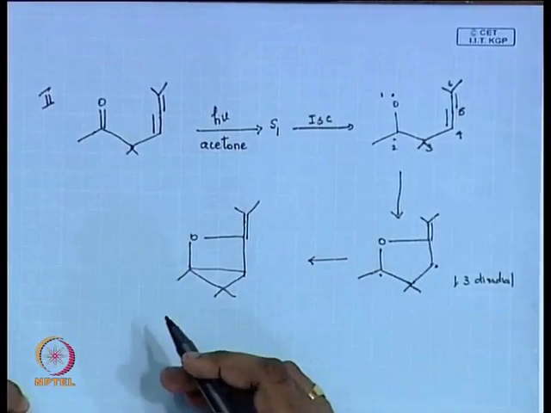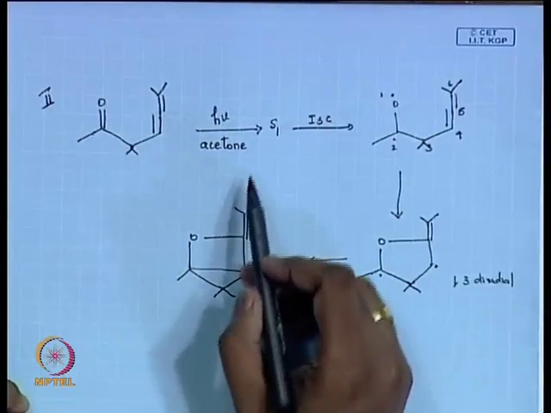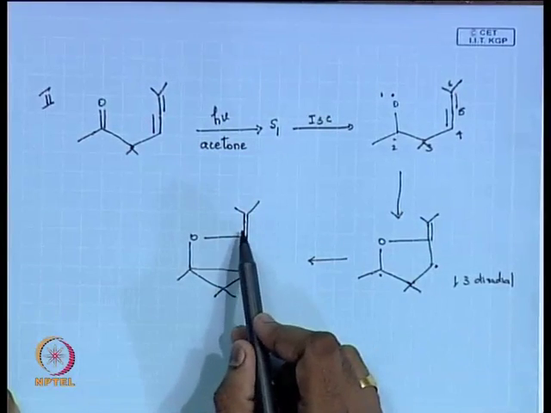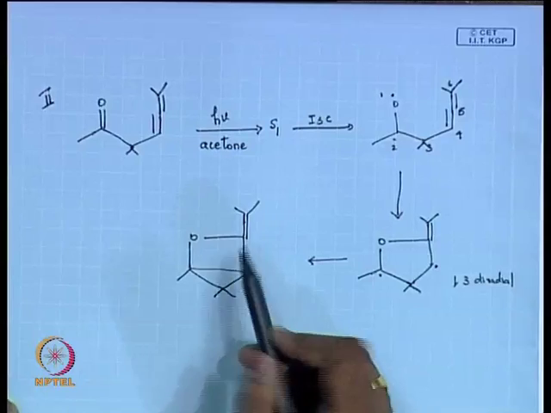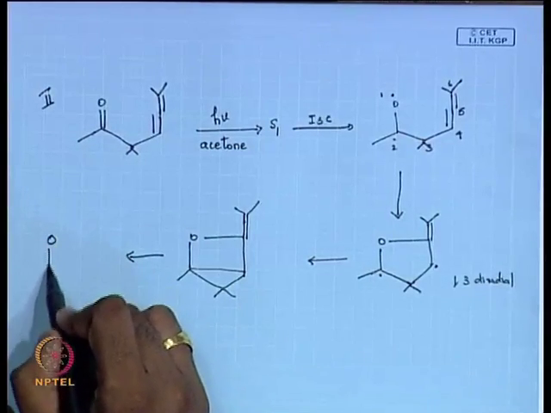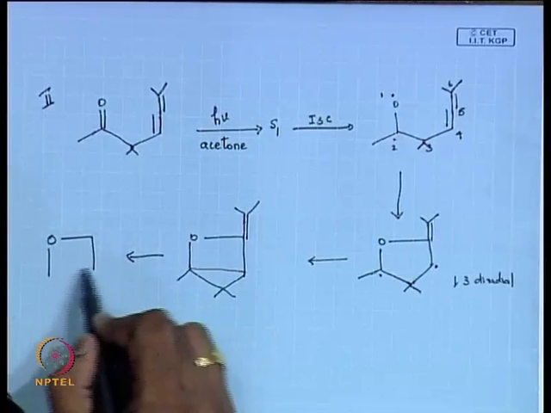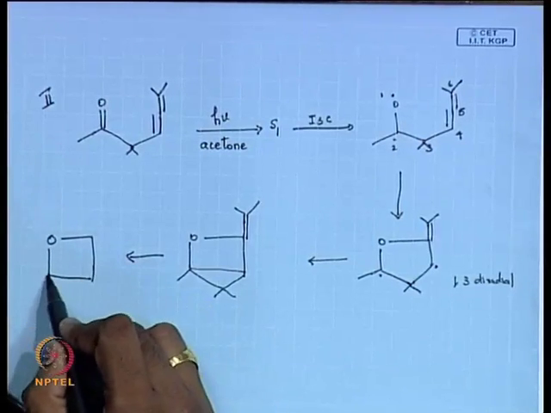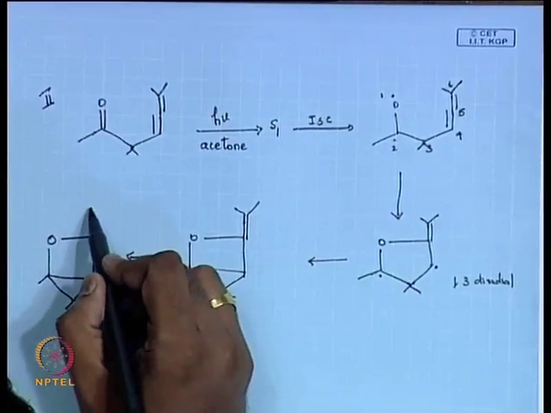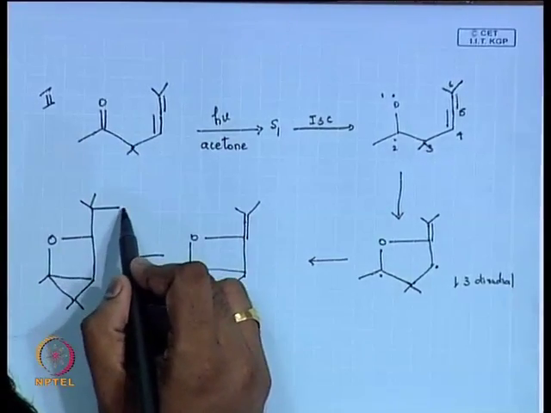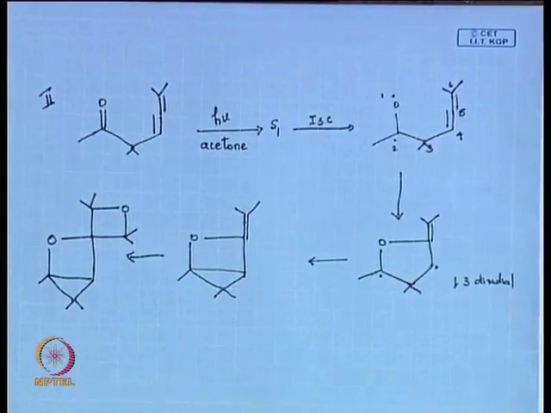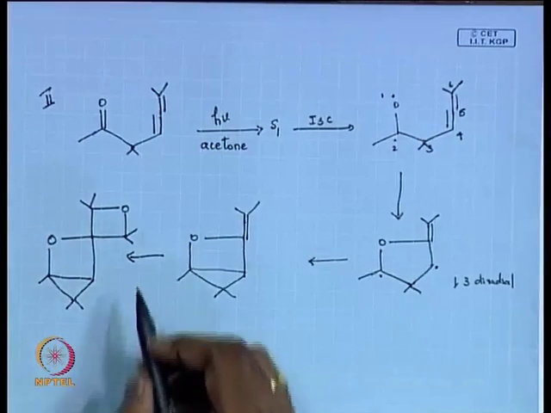So, acetone can also excite, and once it excites, it can make another Paterno-Buchi reaction across this double bond. So, acetone can react now.